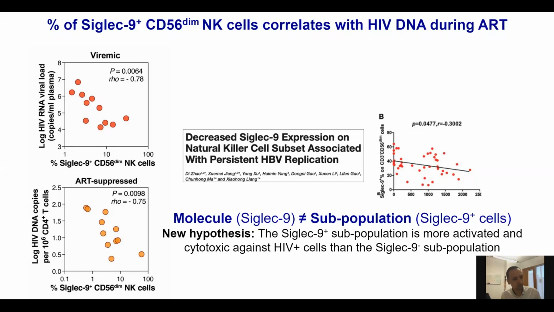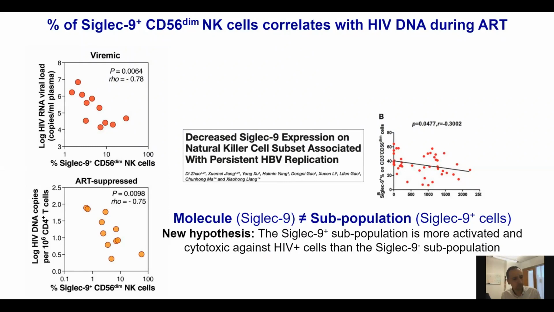And it's possible that this NK subpopulation that expresses Siglecs, regardless of their expression of Siglecs, is actually highly activated and highly cytotoxic, because maybe they do express high levels of several NK activating receptors and markers, and maybe low levels of other inhibitory receptors and markers, regardless of Siglecs expression, which would actually explain our negative correlation here.